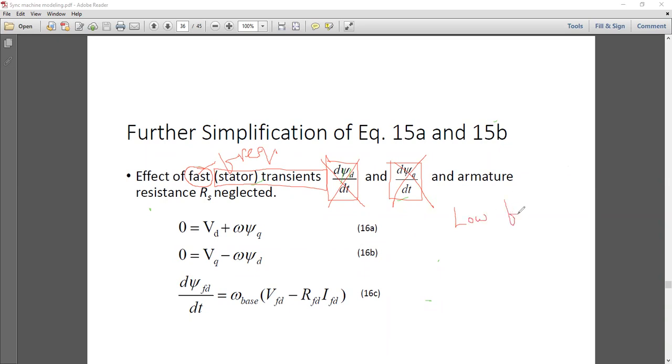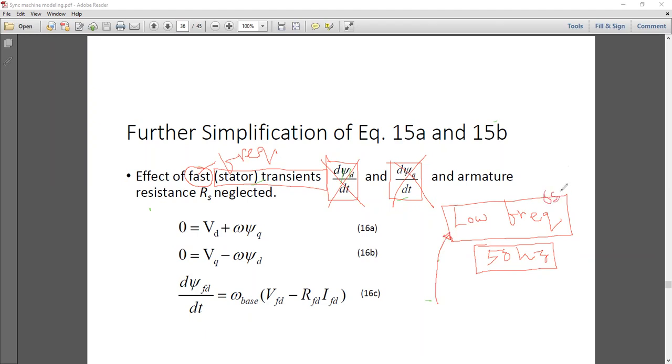The frequency of interest for our modeling, we will call low frequency. Compared to what? Of course, compared to our base frequency, 50 Hertz. So this is our base frequency. One of the few targets of the model we are going to develop in this course is to analyze the low frequency oscillation.